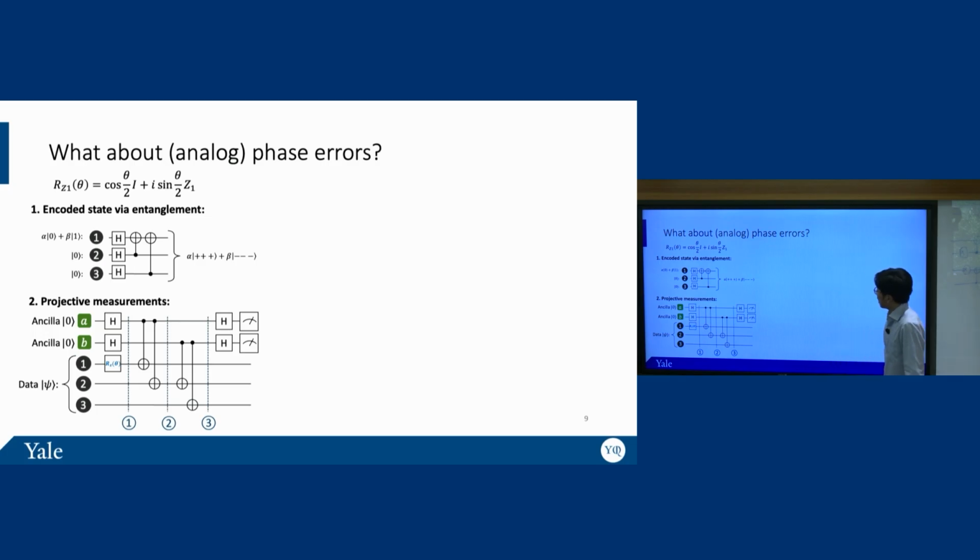Okay, so let's take the same circuit for correcting phase flip errors, the complete Z flips, and see how it works for Z basis rotations. What I'm going to do is take the same circuit but put a slight rotation about the z-axis on the first qubit.